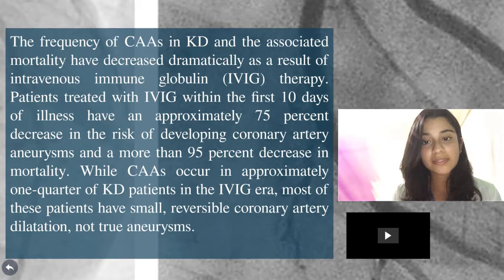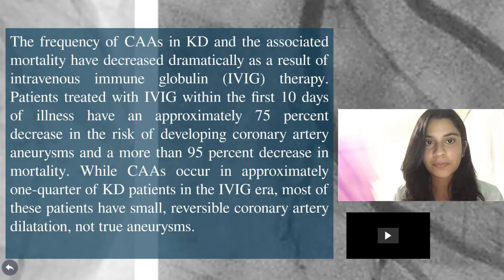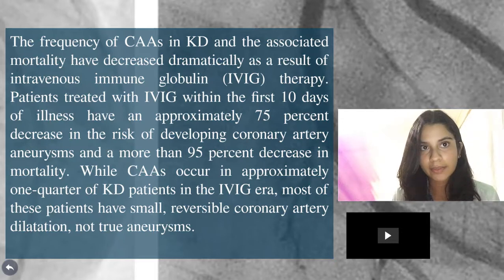The frequency of CAAs in KD and the associated mortality have decreased dramatically as a result of intravenous immune globulin, IVIG, therapy. Patients treated with IVIG within the first 10 days of illness have an approximately 75% decrease in the risk of developing coronary artery aneurysms and a more than 95% decrease in mortality.